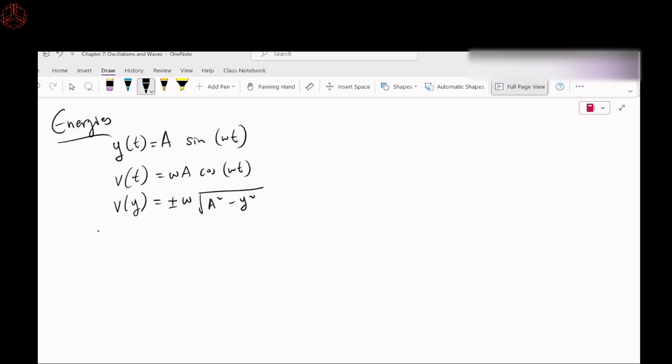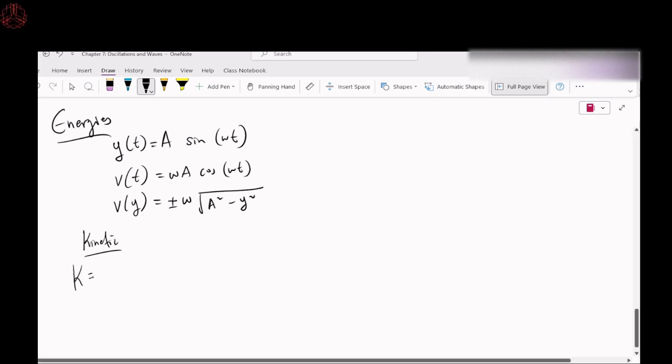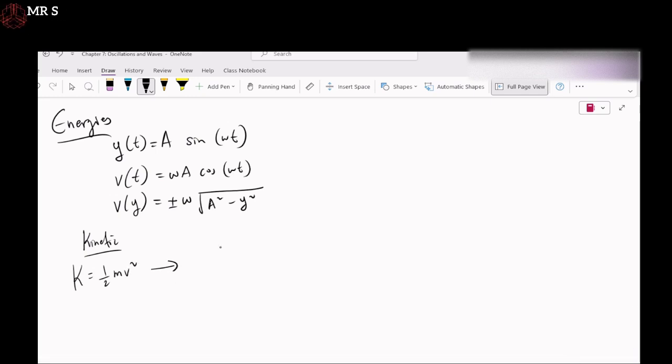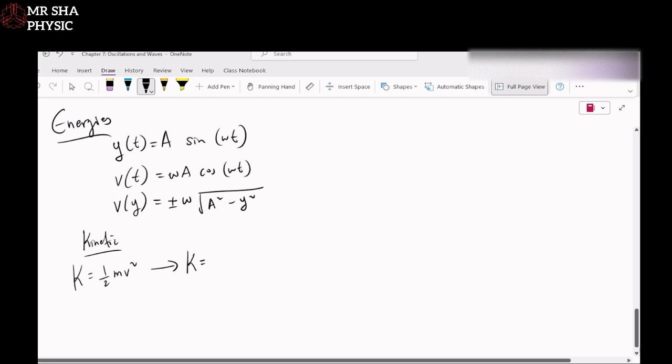So let's do kinetic energy first because it's easier. In general, you have K equals half m v squared, right? So if I want it as a function of time, I can simply substitute the function for v, this one.